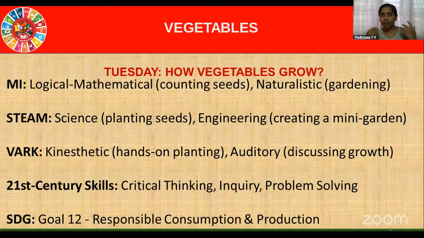Naturalistic, children will be in the garden, planting a seed, exploring the outer space. Then STEAM: science, they are planting a seed. What engineering are they doing? They are creating a mini garden.